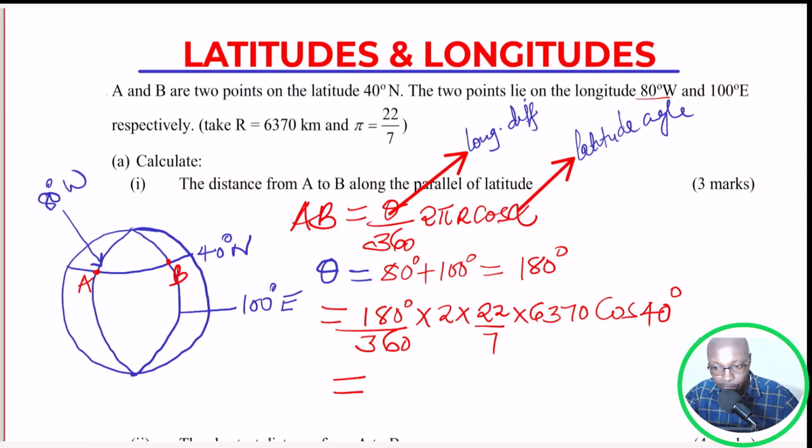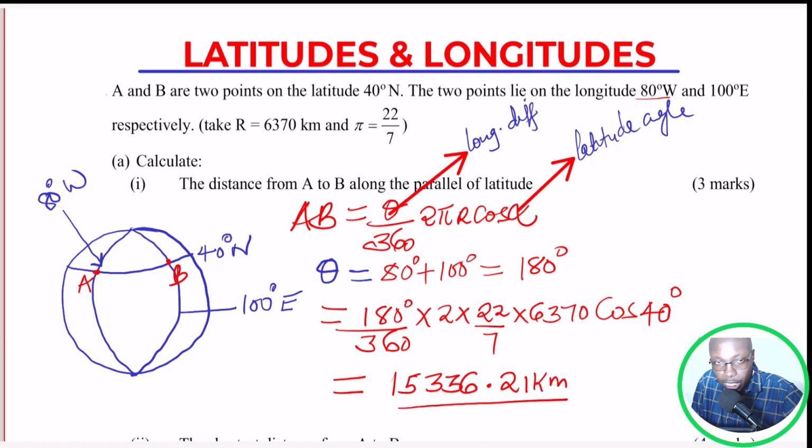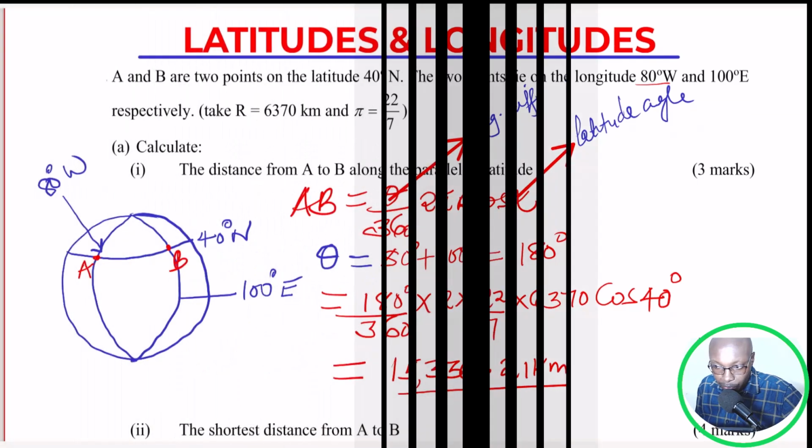So 180 divided by 360 multiply by 2 multiply by 22/7 multiply by 6370 multiply by cosine 40. So you'll get 15,336.21 kilometers. That is the first part.